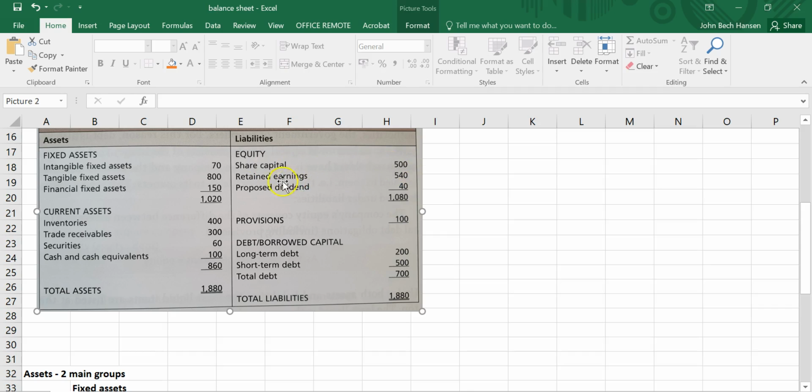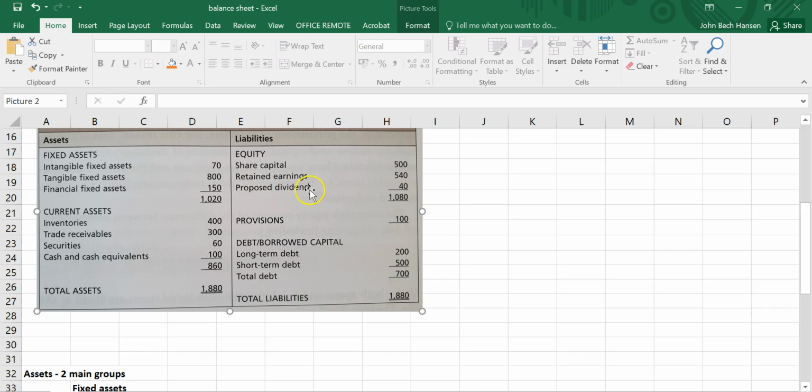That's the share capital. Retained earnings, that is the profit that the company has generated over the years, the part of the profit which has been retained in the company, because every year, of course, the company can pay some dividend to the owners.